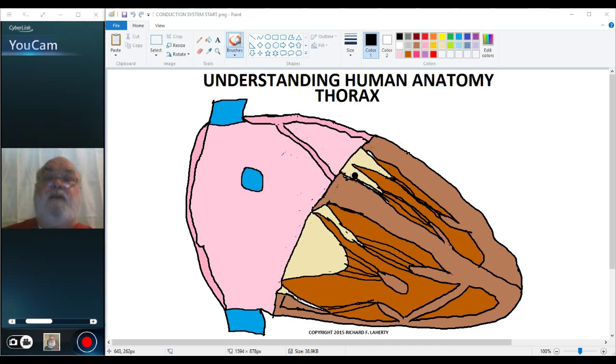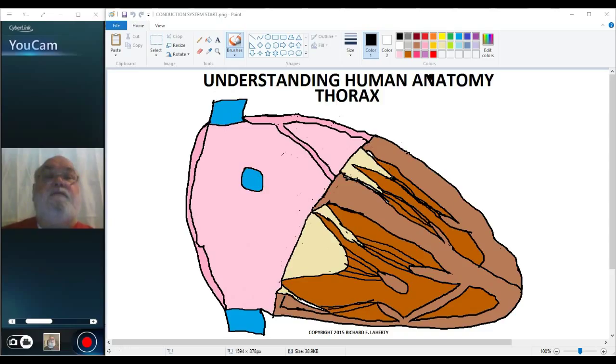We have the mitral valve with chorda tendineae and papillary muscles. The interventricular septum, we also see here the interatrial septum, and the wall, the superior vena cava, the inferior vena cava, and the opening of the coronary sinus.